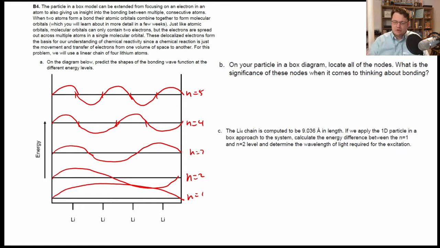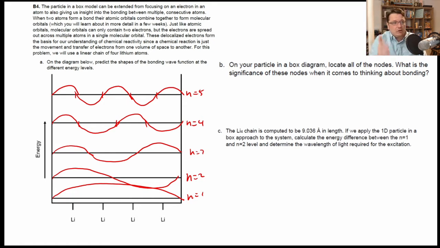If anybody watched last week's streams, you could see what the different molecular orbitals were looking like, and how electrons were being delocalized and spread out across a lot of different atoms. And that becomes really important when it comes to reactivity. But in this case, that's what we're talking about.